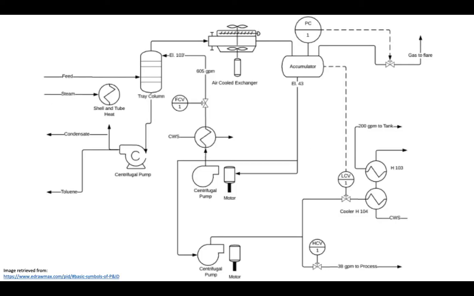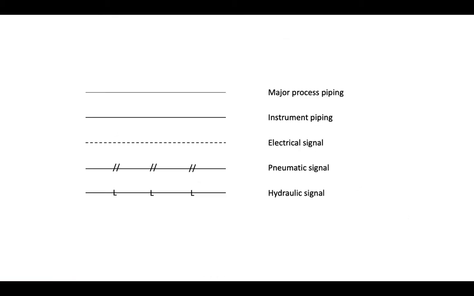The piping can be represented by different lines. For example, in this P&ID, there are 2 types of lines, a solid line and a dotted line. A solid gray line represents the main piping, while a solid black line represents the instrument piping.